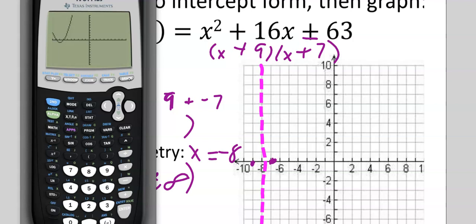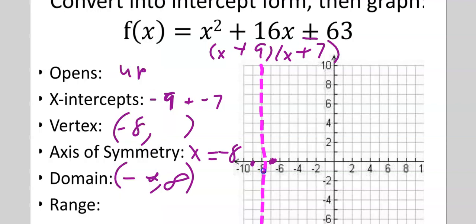Now, it kind of goes off the graph. So we're going to go to here and see -8. Got to go up a little bit. -8, -1, which we kind of saw from the graph. All right.